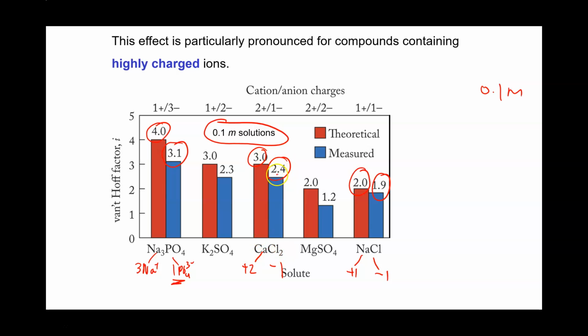I actually get some pairing up here. When I have a +2 with a -2, I get a lot of pairing up. These highly charged ions attract one another a lot. And then here we've got a +1 with a -2, so that's going to be similar to this one, isn't it? So 3 and 2.3 there. These are kind of similar because you've got similar charges involved. So what you see is that when we have really highly charged ions, we get significant pairing up.